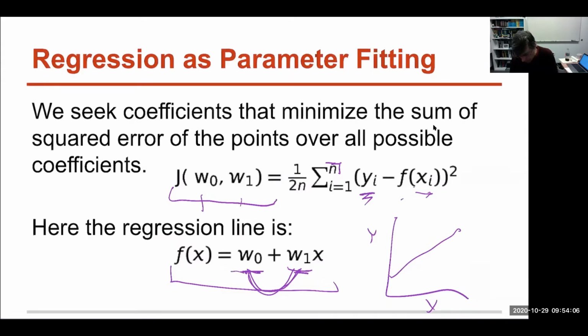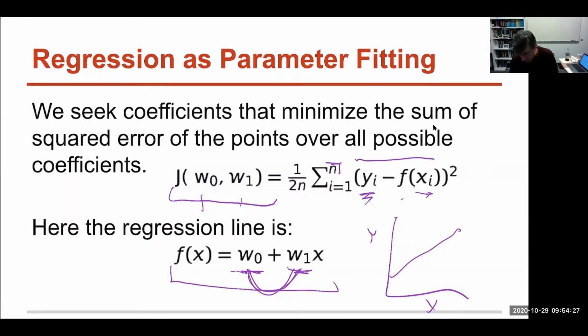So f of xi is basically w0 plus w1 times x, which in this case is the ith value of x, the ith training example. And we're squaring the difference. This is the residual.